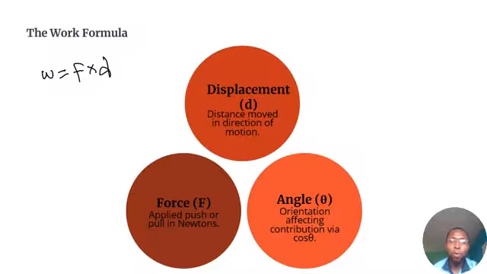That's the formula for work. This distance is sometimes referred to as displacement. It's a type of distance in a particular direction. So three things are involved in the formula: the work itself, the force that has been applied, and the distance covered.